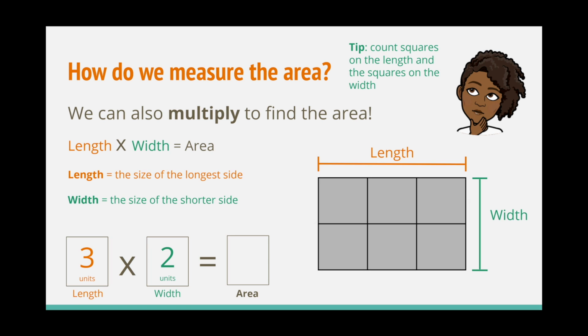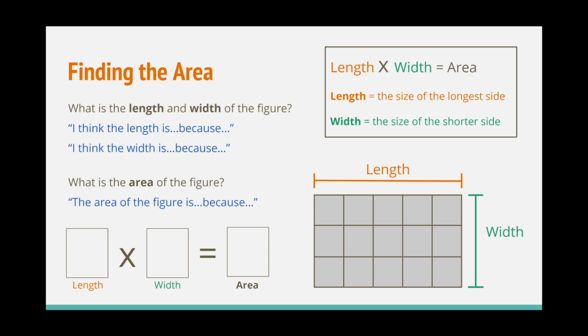And now we multiply. 3 times 2 equals 6. So our area is 6 square units. And that's the same as the number of squares that figure has. See, there's 1, 2, 3, 4, 5, 6. It's the same. So remember, the length times the width is the area.